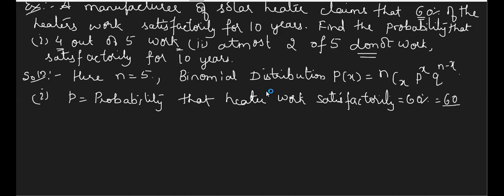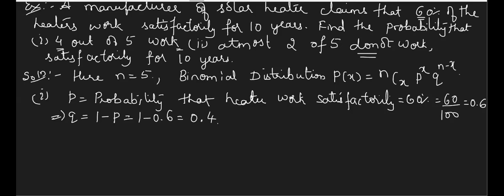Don't take directly 60, otherwise the probability value will be more than 1, which is a wrong concept. This is 60 by 100, which means 0.6. Now what is q? In this case, q will be 1 minus p. So 1 minus 0.6 is 0.4. So actually q is the probability that the heater does not work satisfactorily, which is 40%.